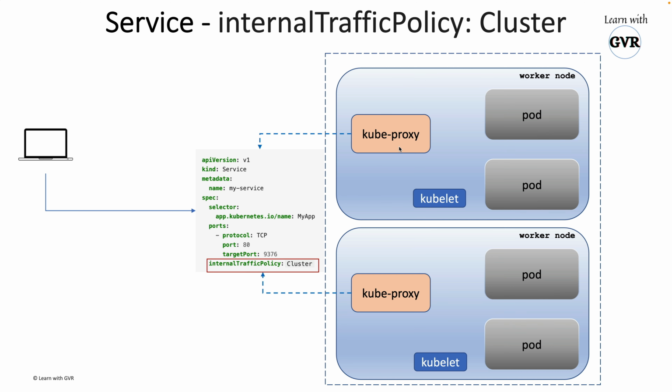Whereas kube-proxy will read this particular service and the service-specific endpoint slices. What it does is distribute the traffic randomly by reading the endpoint slices internally, right? That's what we initially learned, and distribute the traffic to these particular pods. This is in case of cluster.